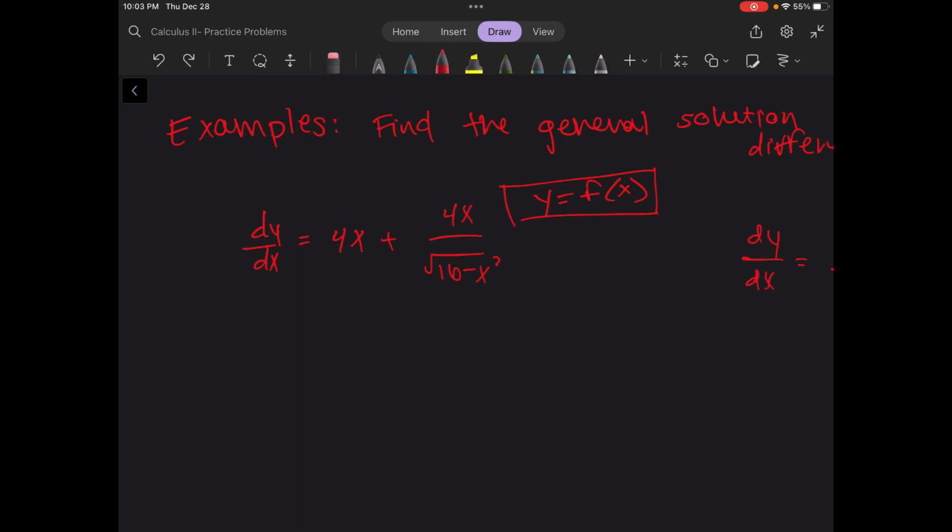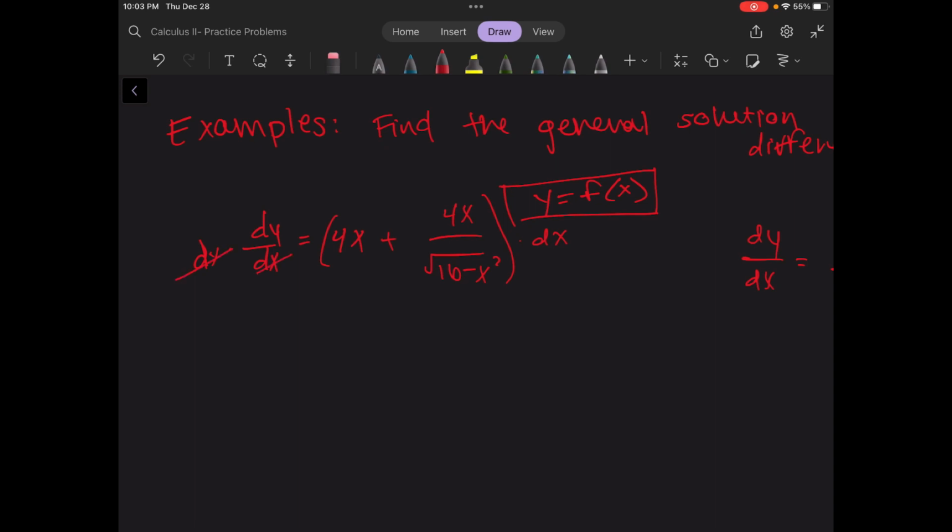So now notice that dy over dx is just, we can use multiplication to get that dx to the other side, multiply by both sides, right?